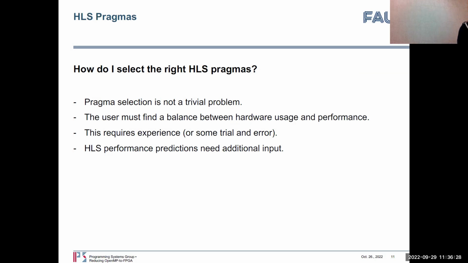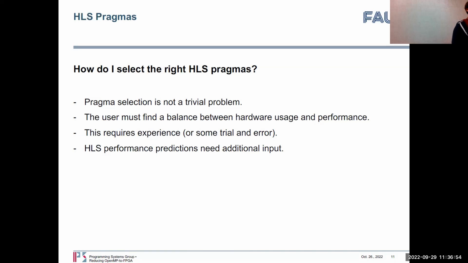For a not so seasoned HLS developer, or let's say an OpenMP developer who just got into target offloading and just wanted it to work, this is not really feasible, because especially these performance estimates that are given by HLS tools are on their own hard to interpret, and you actually have to supply a lot of additional input to even generate them.